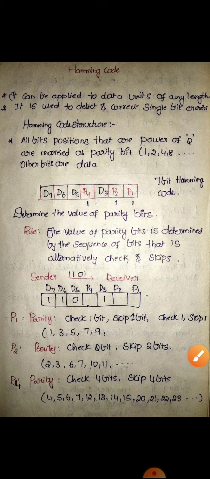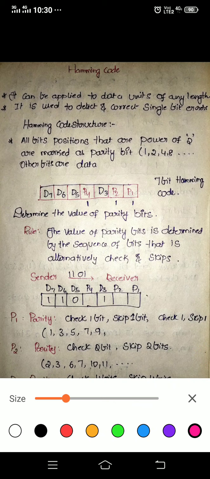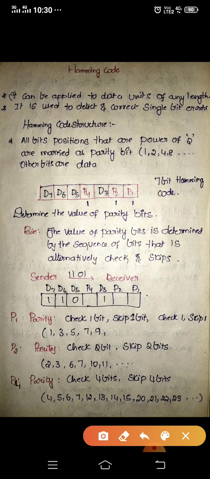Here the parity 1 will be there. The first one is the parity bit P1, this is P1. The next one is the D3 bit, the next one is the D5 bit, and the next one is the D7 bit.